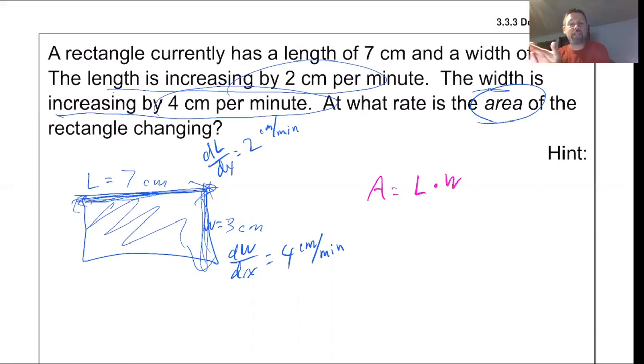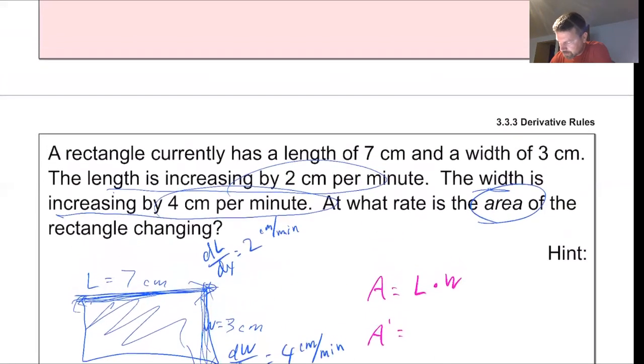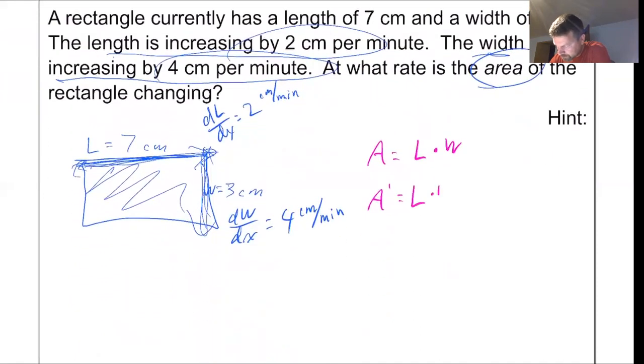If I want the rate of change of the area, that's A prime. That's a derivative of A. So A prime is equal to, and so that's a product. It's going to require the product rule. First times the derivative of the second plus second times the derivative of the first.